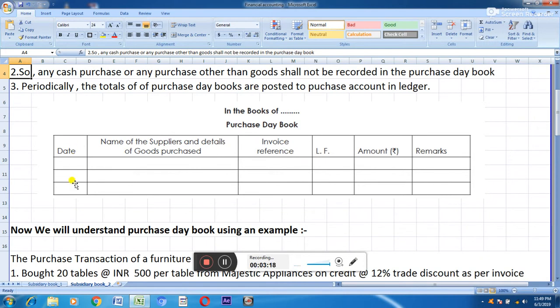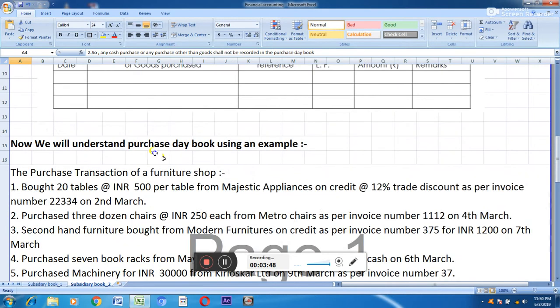First is the date, on which the transaction happened, then the name of the supplier and details of the goods purchased, then invoice number, ledger folio, amount, and if you have any remarks related to that transaction, they can also be written here.